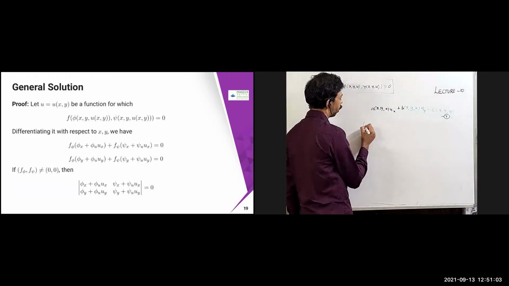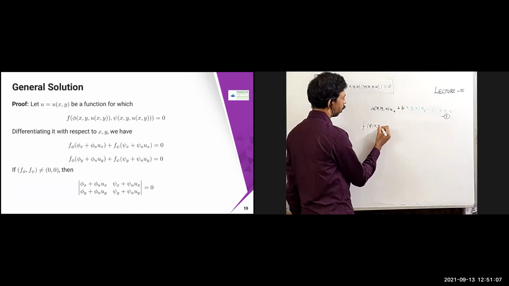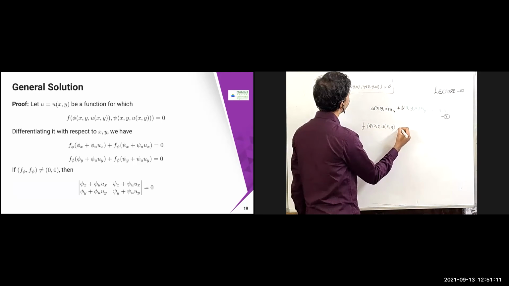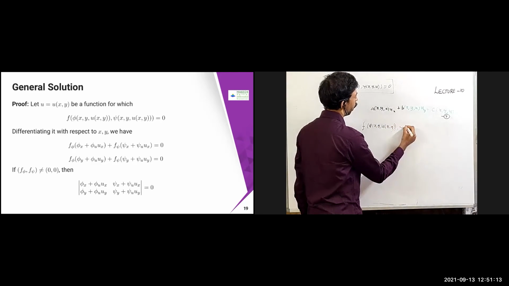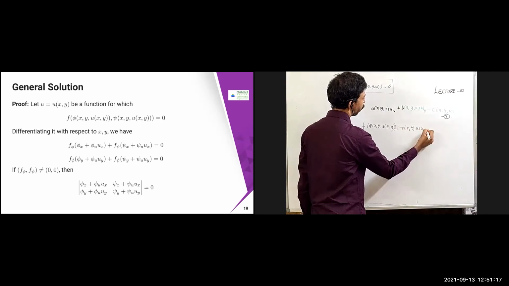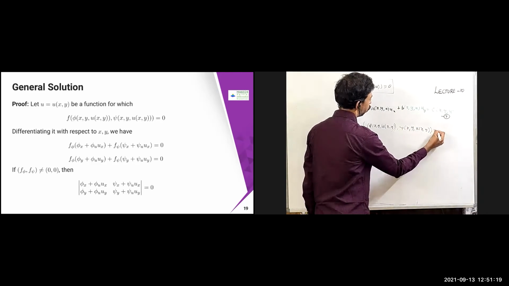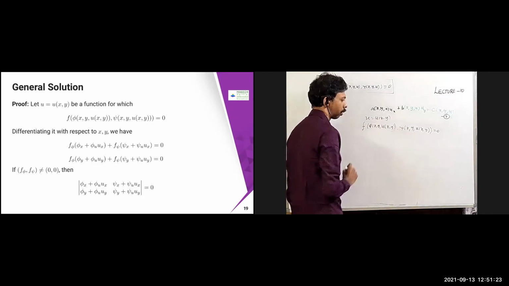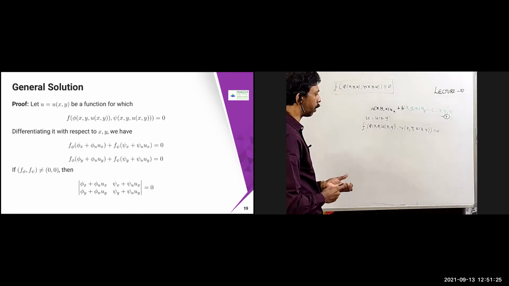Therefore, we are going to have f of pi of x comma y comma u of x comma y, psi of x comma y comma u of x comma y equal to 0. So u is given like this. u is the function for which this is satisfied.